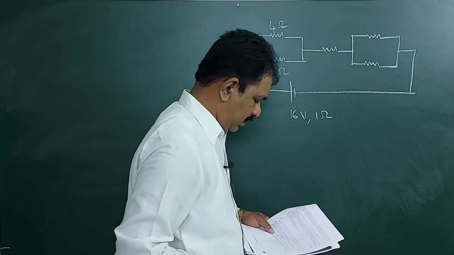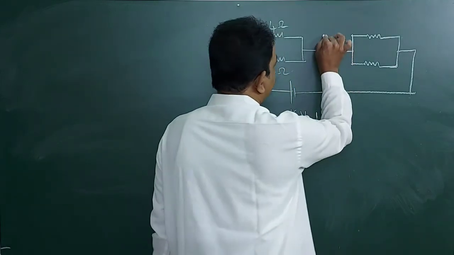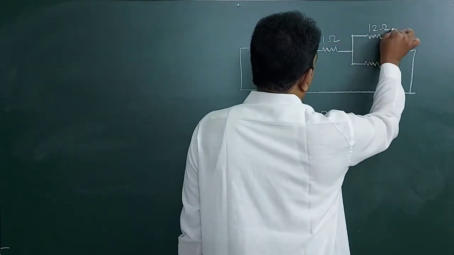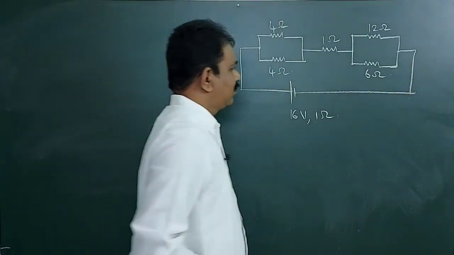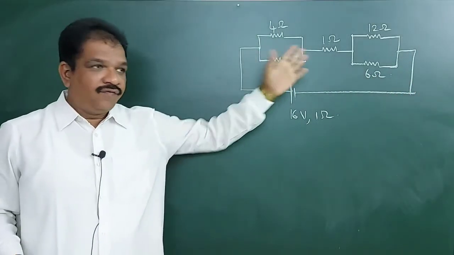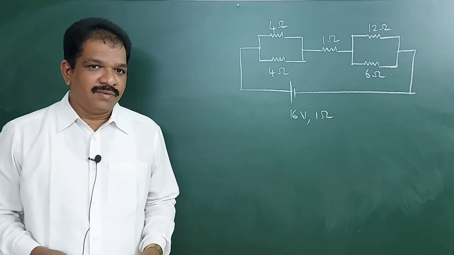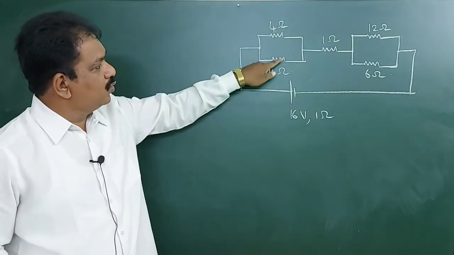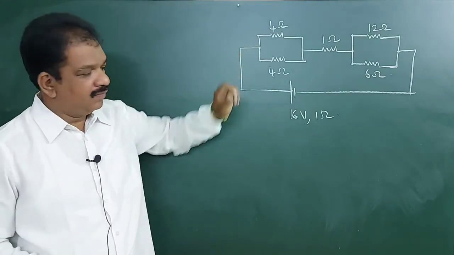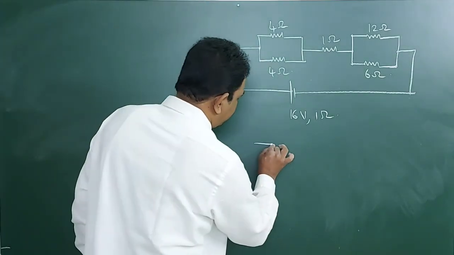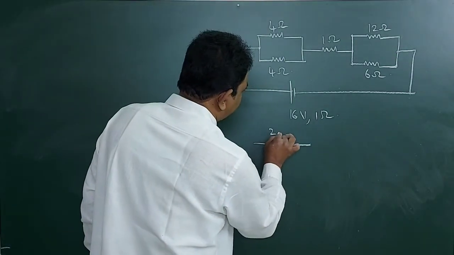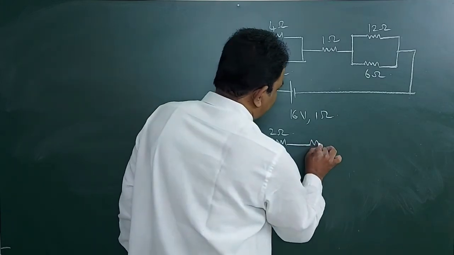This will be 1 ohm. This will be 12 ohm, 6 ohm. What is the effective resistance of the combination? These two are in parallel. Effective of this will be 2 ohms. This will be 1 ohm.